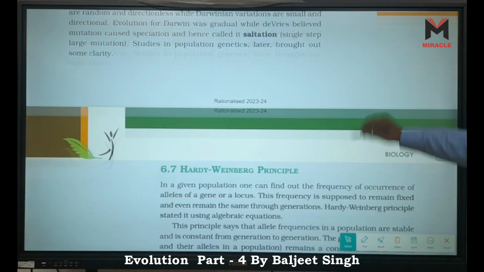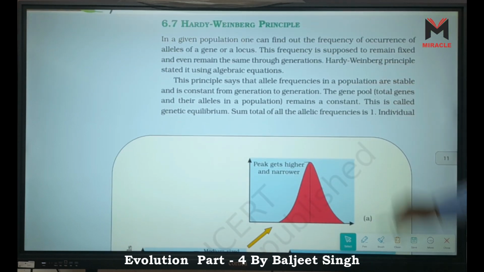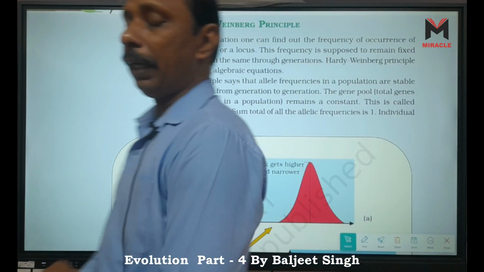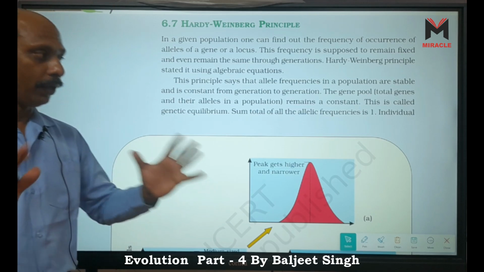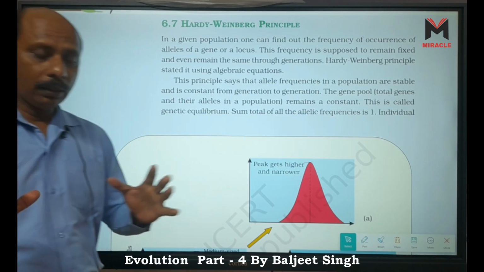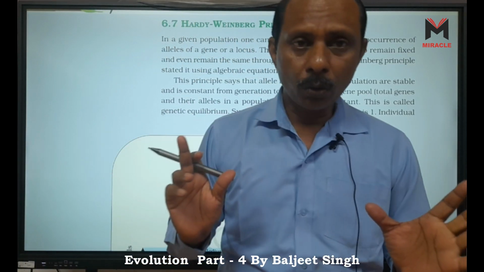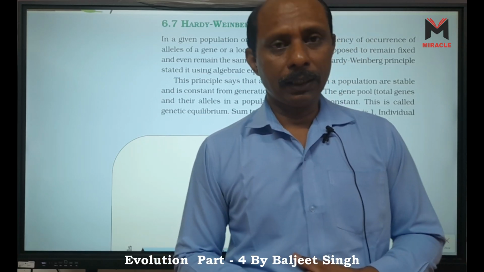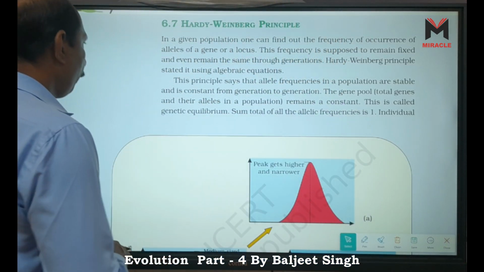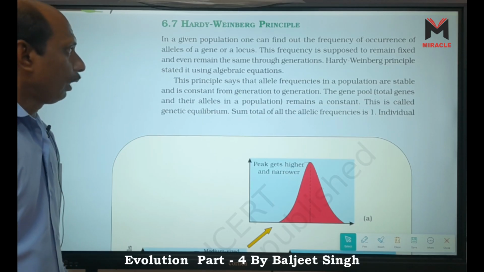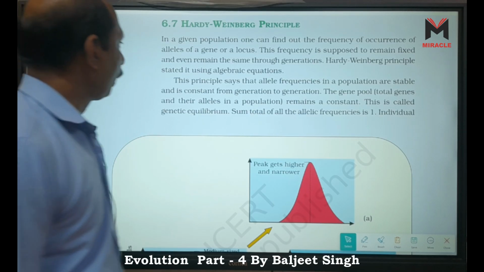Now next point, Hardy-Weinberg principle. A new scientist came, and he gave a principle, an equation, right? He said that the total number of alleles is constant. Simply, in a given population, one can find out the frequency of occurrence of alleles.